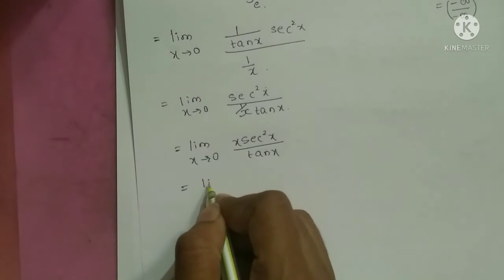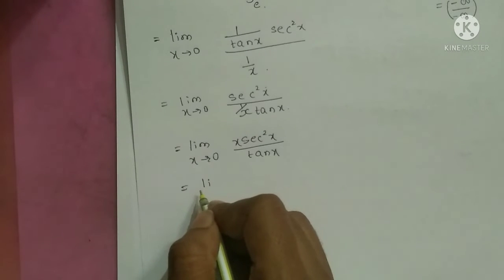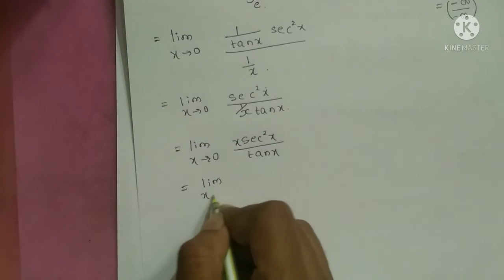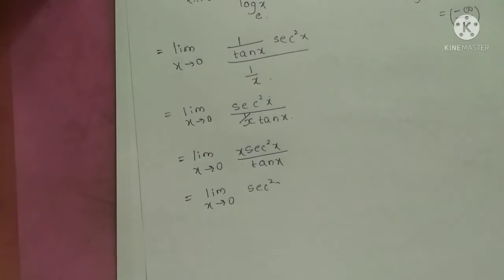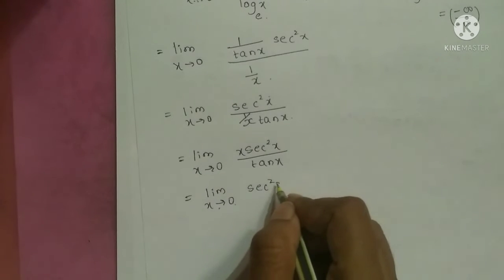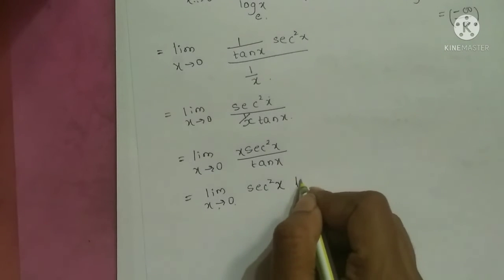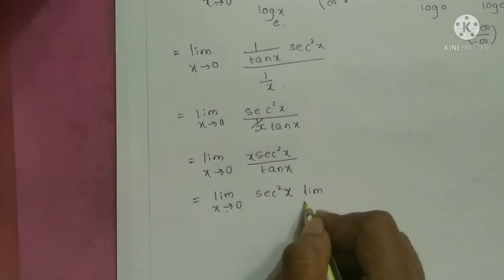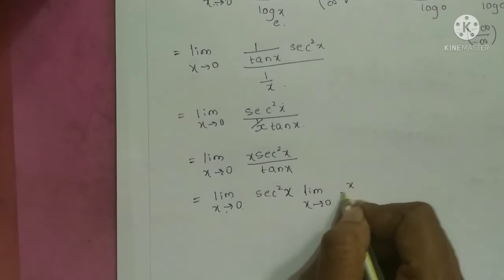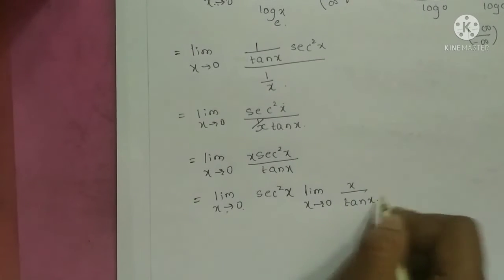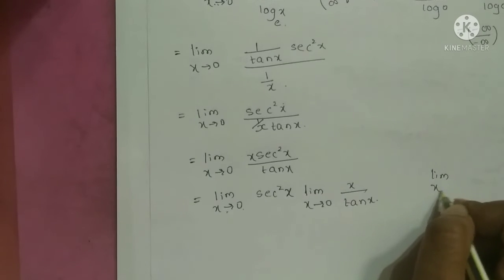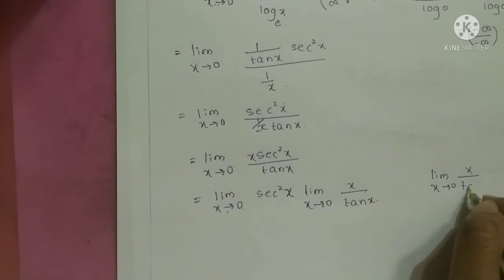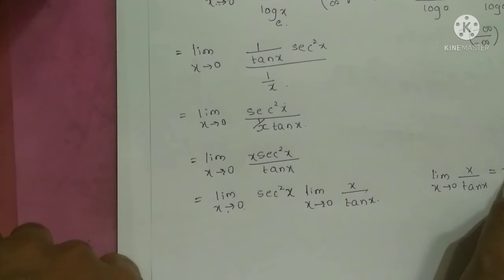So limit x tends to 0 secant square x, and you can separate the limit x tends to 0 of x by tan x. As you all know, limit x tends to 0 of x by tan x has the value 1.